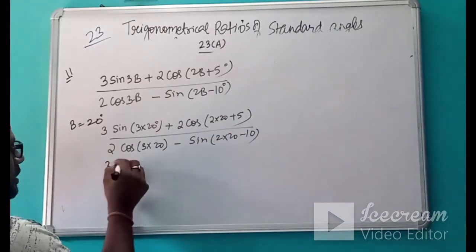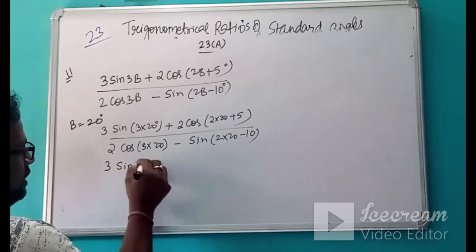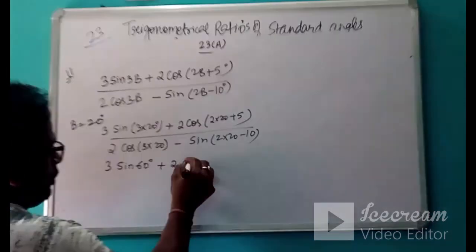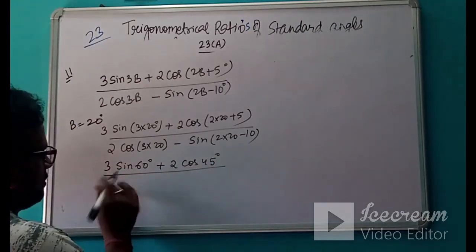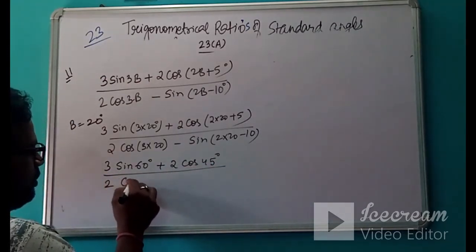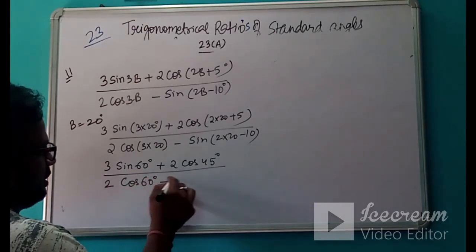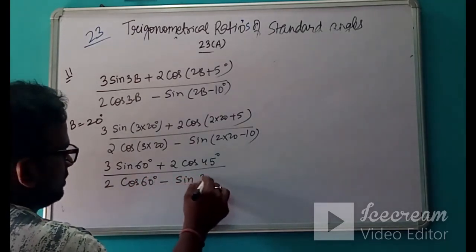So what you will get, 3 sin 60 degrees plus 2 cos 45 degrees, 2 cos 60 degrees minus sin 30 degrees.